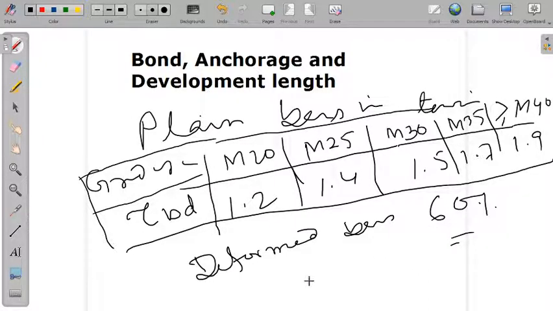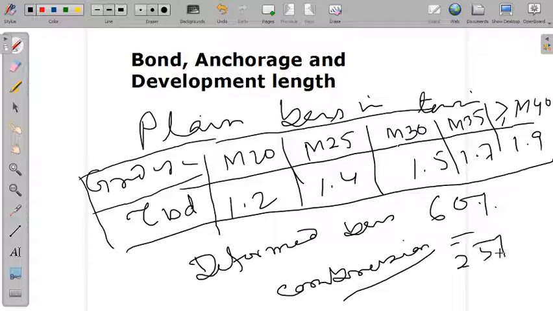Now again it is said for compression bars, if you are interested in finding the bond stress for compression bars, this value will be increased by 25% for plain bars. If it is a plain bar, that means for M20 grade of concrete, and the reinforcement is a plain bar under compression, its bond stress will be 1.2 into 1.25.